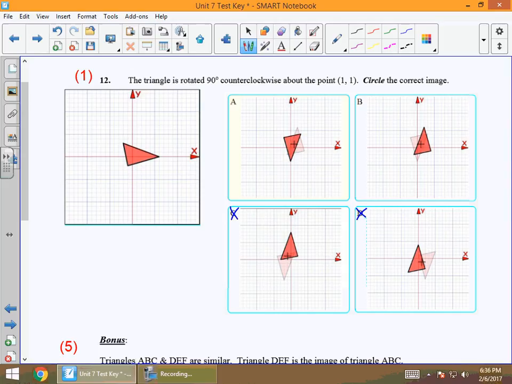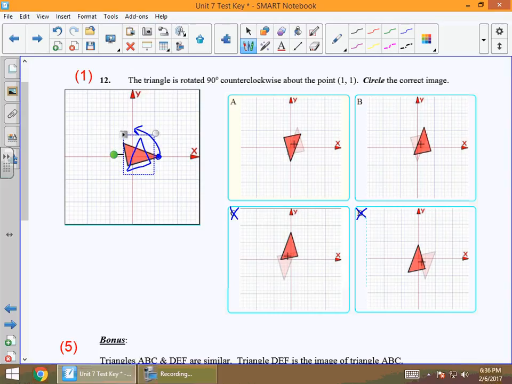And then 90 degrees counterclockwise. I'm not even going to do a whole lot of measuring. I'm just thinking 90 degrees counterclockwise is going to move this thing in this direction. So as I think about the orientation of this thing, when I look at my figure, now you're doing this in your head, obviously, but I can actually do it on the board.